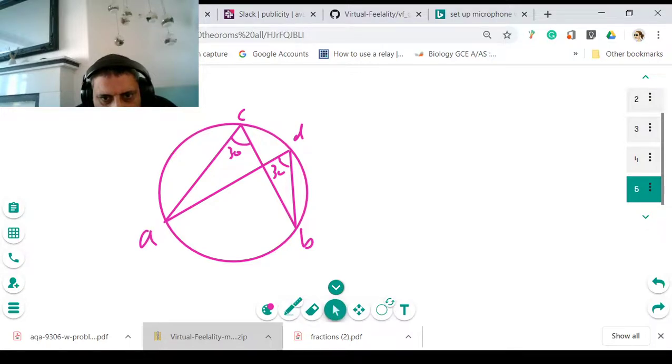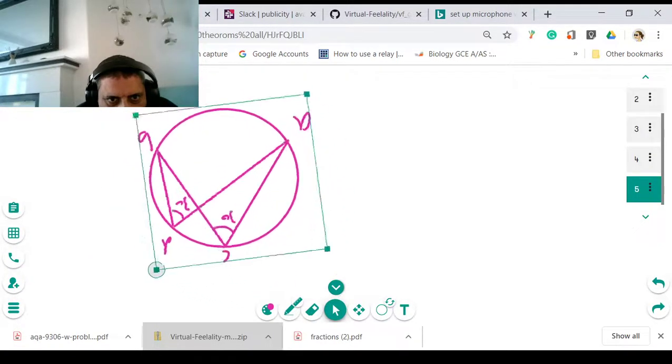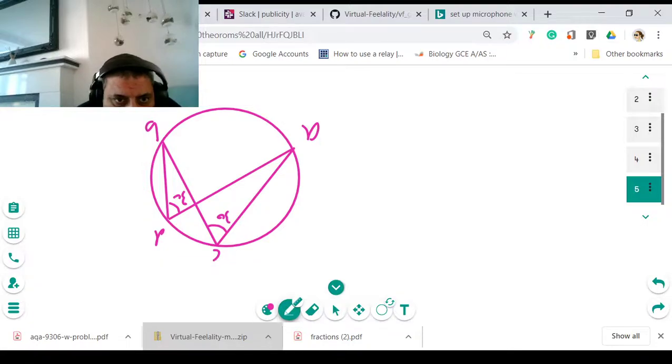Now you'll notice something. If I take all of this and rotate it upside down, the rule's still the same.